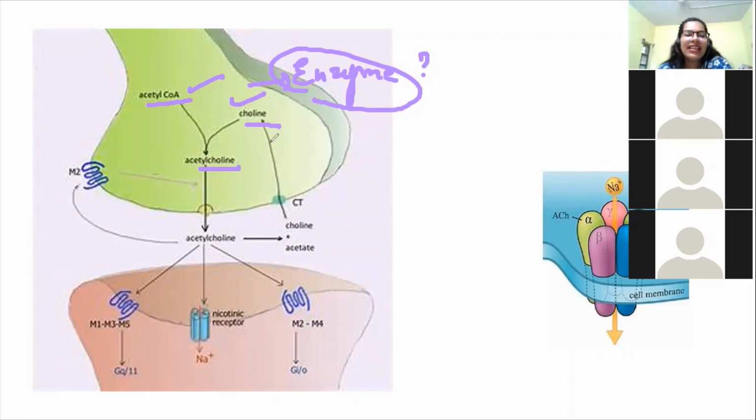So now you can see that acetylcholine in the vesicle will fuse with the plasma membrane via the process of exocytosis, and it will go and bind to these receptors. Now whatever is left in the synaptic cleft will be degraded.